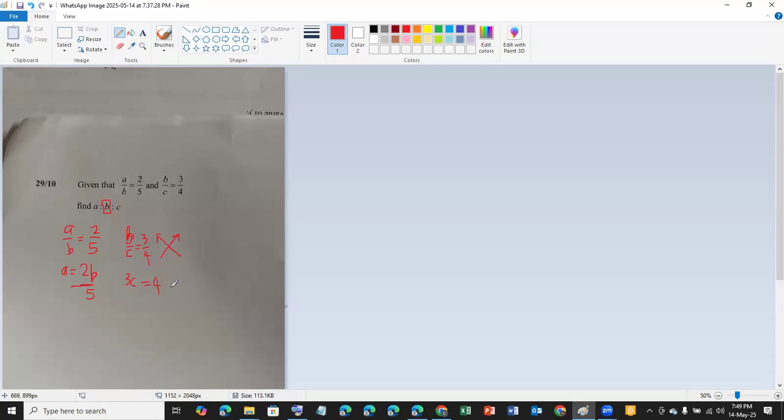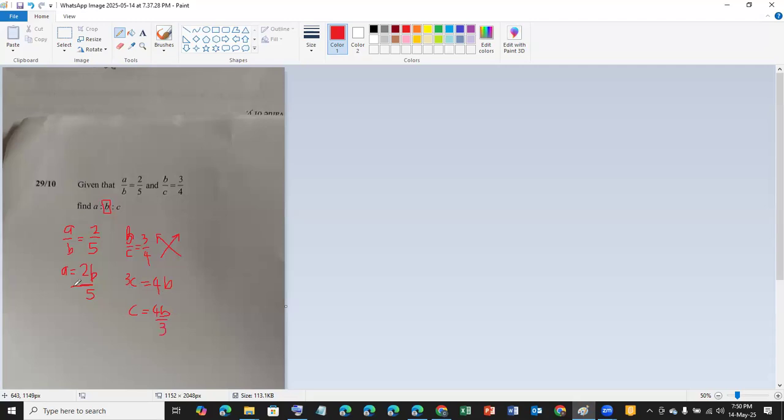Remember, we want to express C in terms of B. So I can divide both sides by 3 so that C will be equal to 4B over 3.